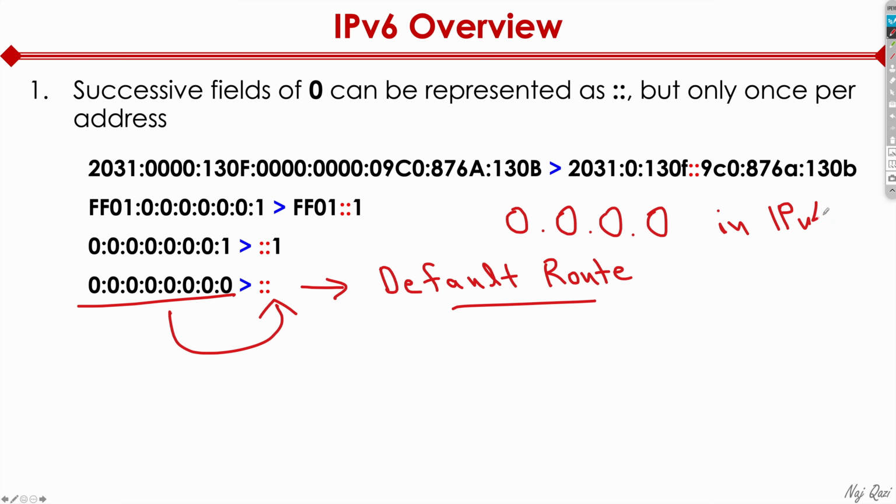Remember that, guys? When we configure a default route in IPv4, tell me if this doesn't smoke 0.0.0.0. So you see, IPv6 can be simpler if you look at it a little bit differently and understand the rules and regulations of IPv6.